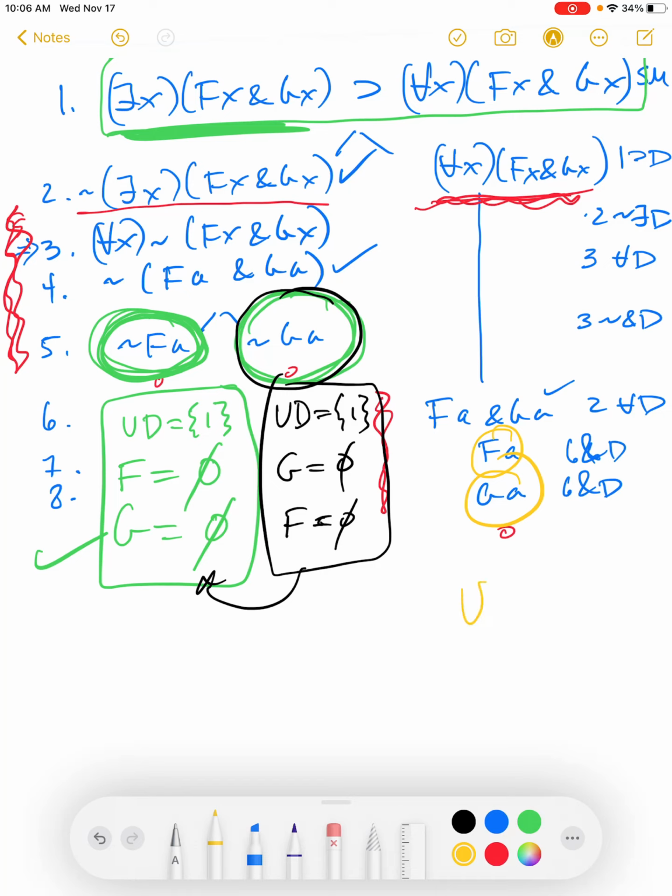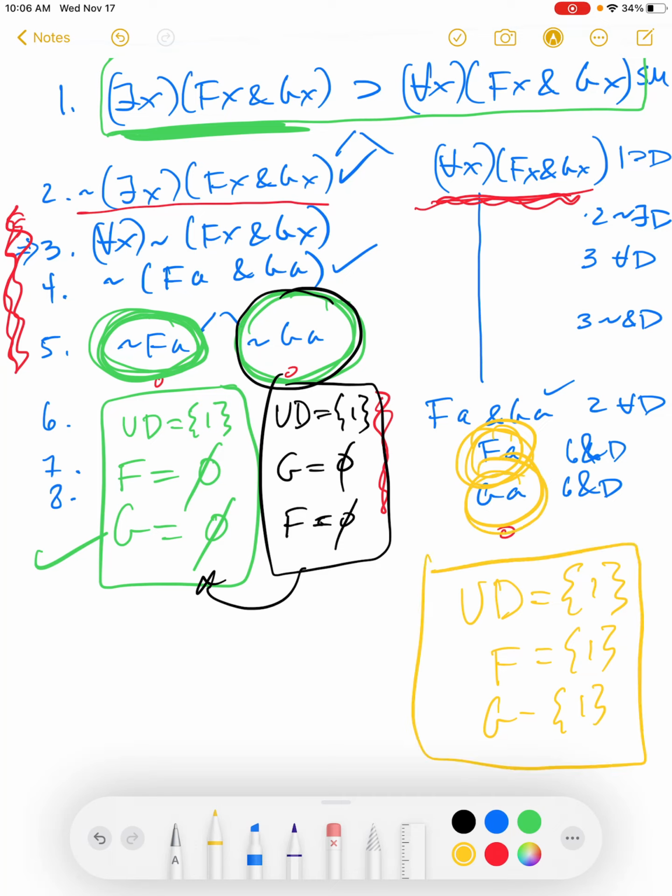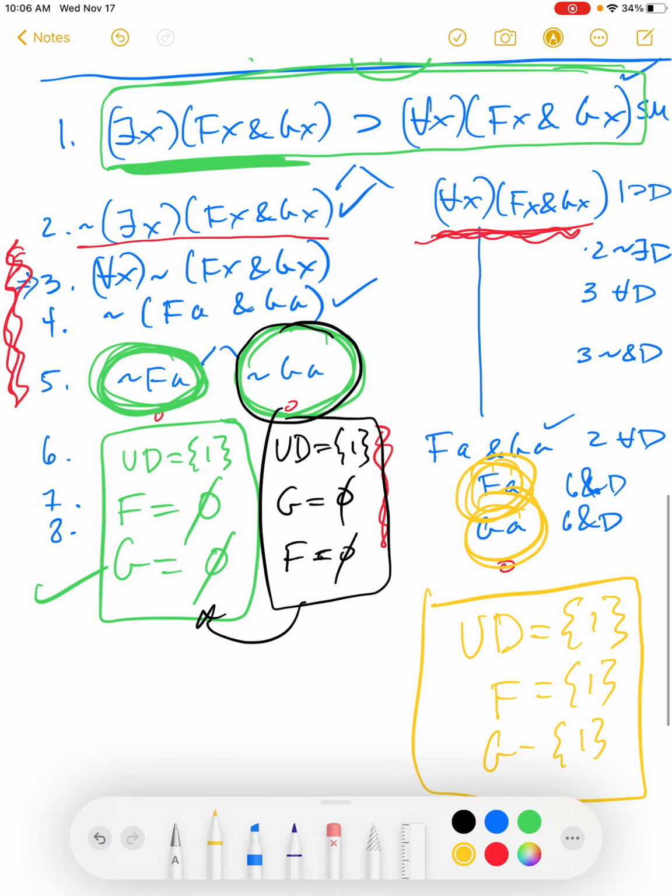So this once again suggests an interpretation that's got one thing in the universe, because only one constant appears on the open branch. And it tells us, put it into the extension of F, and also put it into the extension of G. That's what this literal tells us. And so that's the interpretation that the right-hand branch suggests to us.